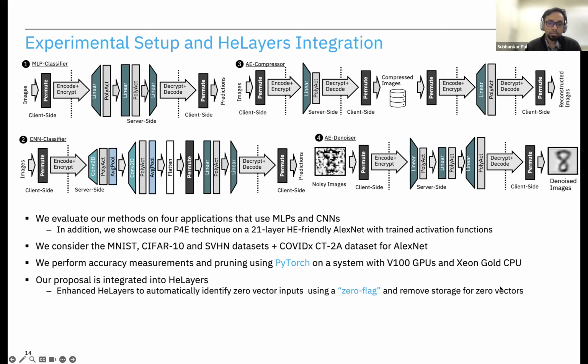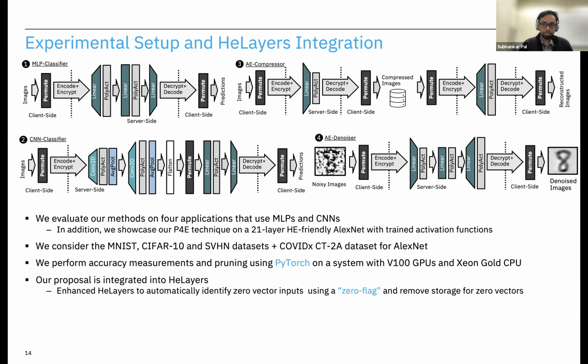The accuracy measurements and pruning are done on PyTorch. And we integrate the changes that we proposed in HE-layers. So HE-layers is the framework that executes the network in FHE mode. What we really did is add a flag to each ciphertext message saying whether it's a 0 ciphertext or not. And if HE-layers encounters a 0 ciphertext, it just doesn't consider it.